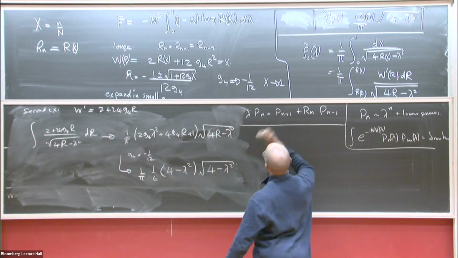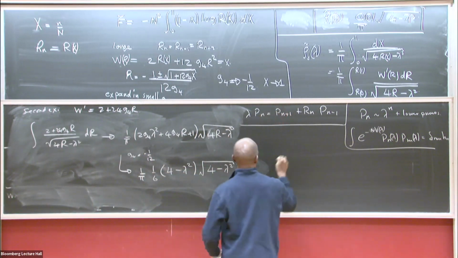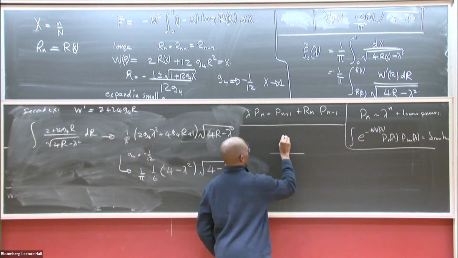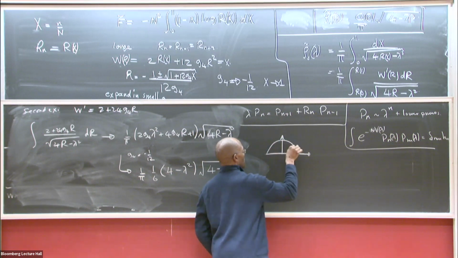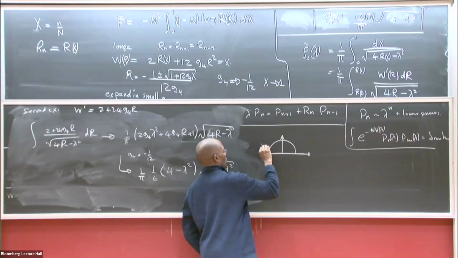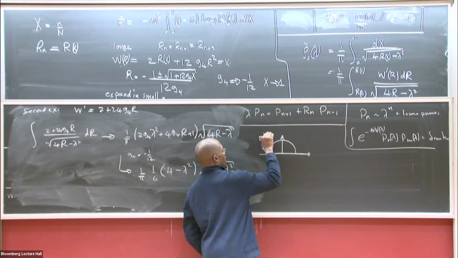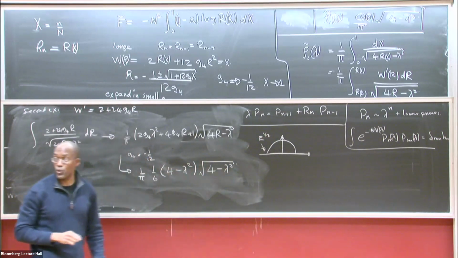We have the Dyson behavior, which I've erased. We had what would be an e to the half type behavior on the endpoint.